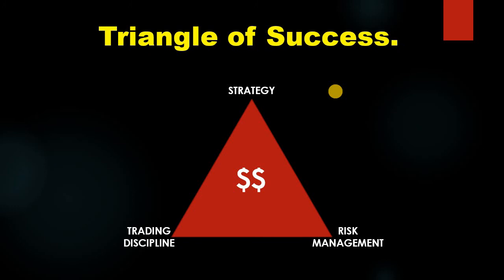Risk management plan is another key factor of our triangle of success. Like we have been saying, do not risk more than 2% of your trading account, and that is a simple risk management plan. Actually in forex, let me just be sincere with you. Forex is not a get rich quick scheme.